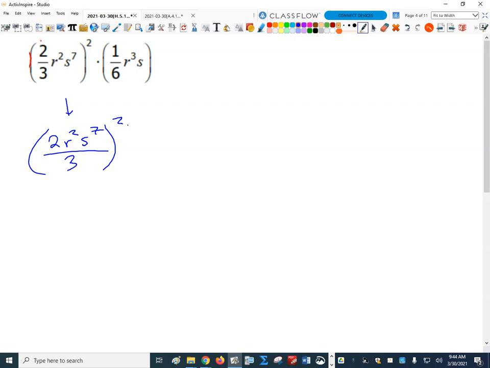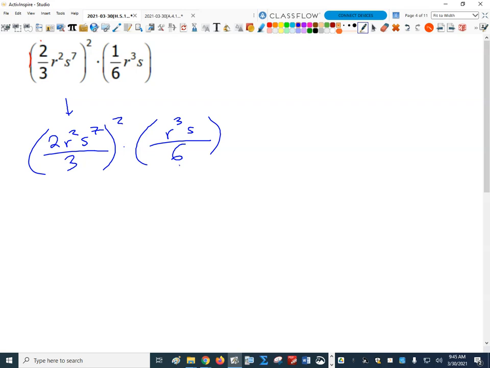We're able to cancel some stuff vertically, for example, okay? Times, we'll do the same thing to this one. So this is going to be on top, we're just going to get a 1 times r cubed times s divided by 6. Okay, makes sense? So we write those with fraction bars as just big fractions.